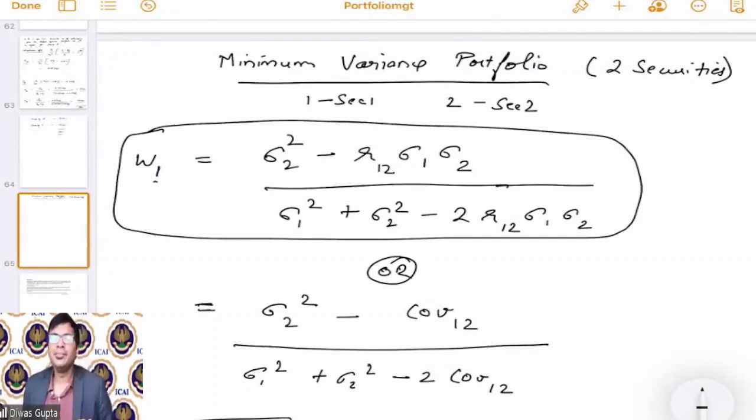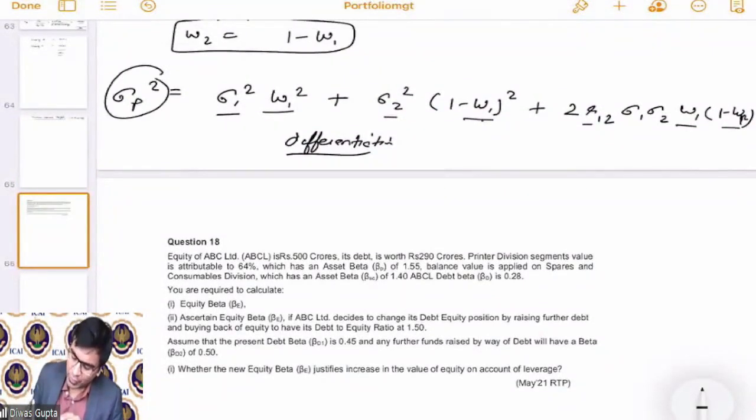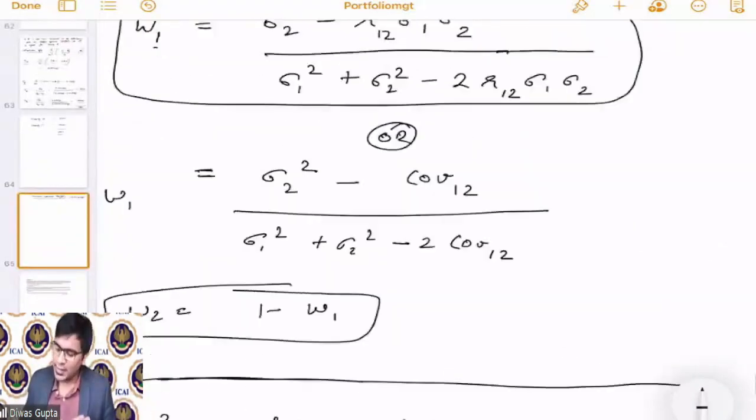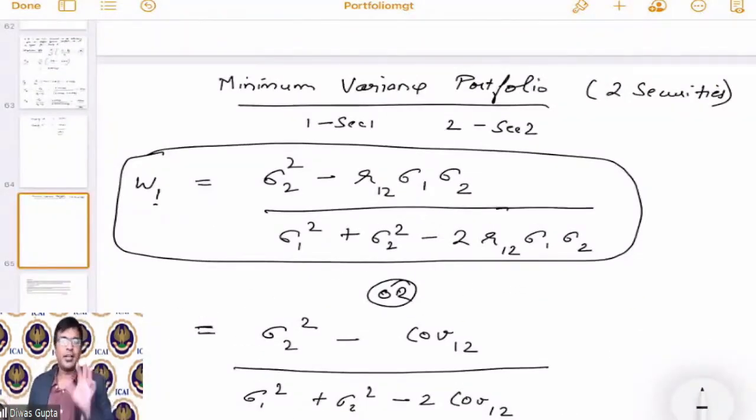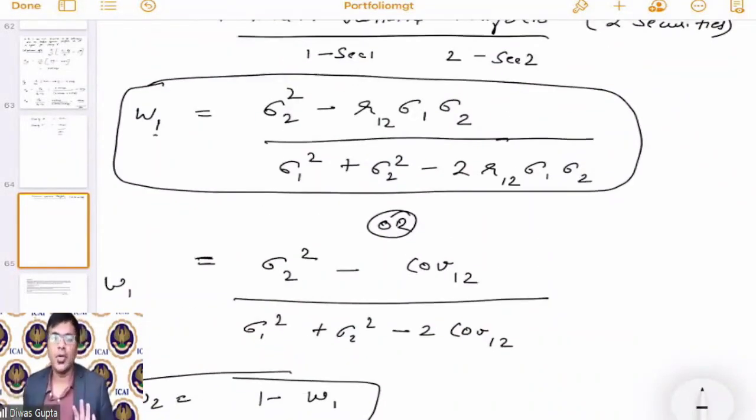You have to put this equal to 0, because we are saying that for a minimum variance, the differentiation of that particular portfolio's variance will be 0. Then taking W on one side and the rest of the things on the other side, you will get this formula. I'm not covering that differentiation and derivation in this session, but this is just to give you a directional idea of how this has been derived. That's all. But this formula we will definitely have to remember.